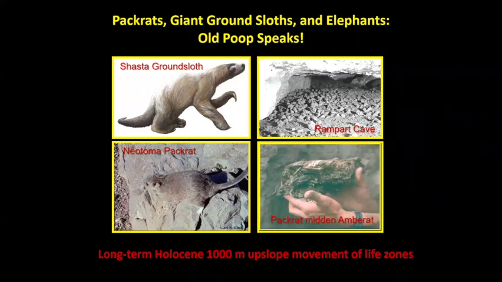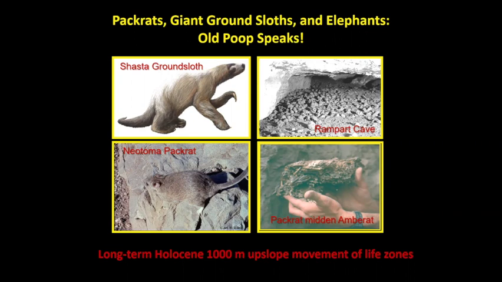In both cases, we can look at the plants that these animals were eating and learn what the vegetation was like right outside their dens. And what that's shown is that these life zones that we have here now were 3,000 feet lower in elevation just 12,000 years ago. So these are very long-term changes.